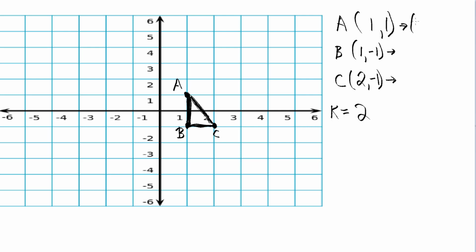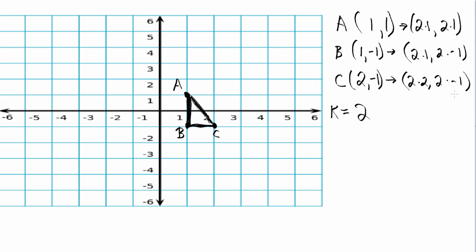So for A, it would be 2 times 1, 2 times 1. For B, we would do 2 times 1 and 2 times -1. And then finally for C, we would do 2 times 2 and 2 times -1.